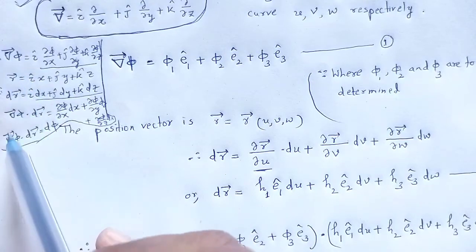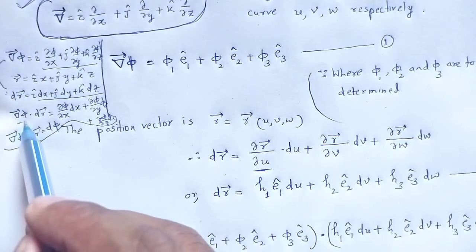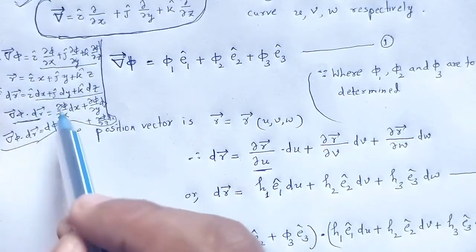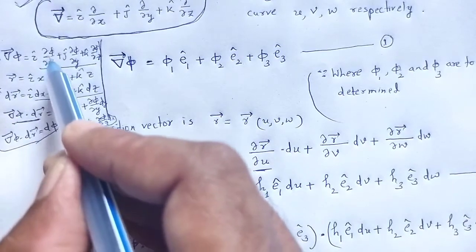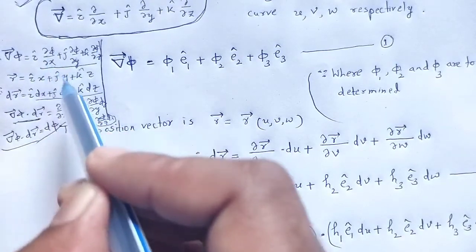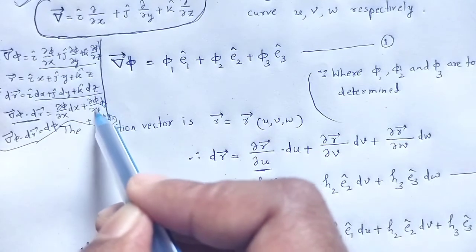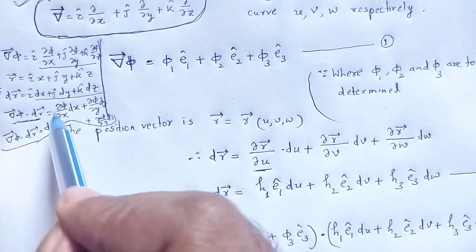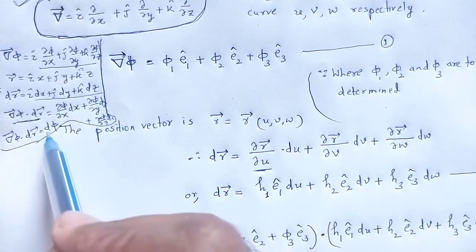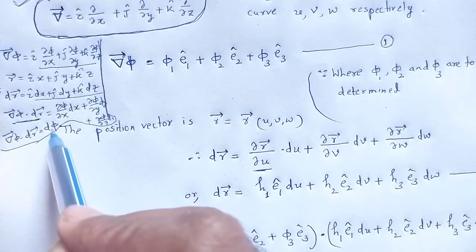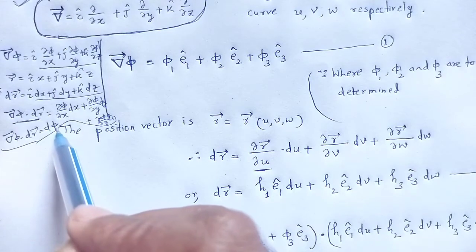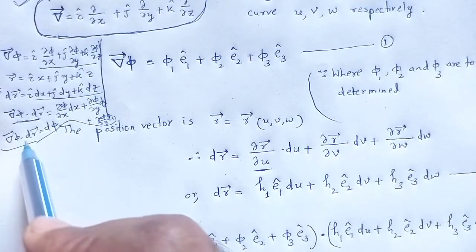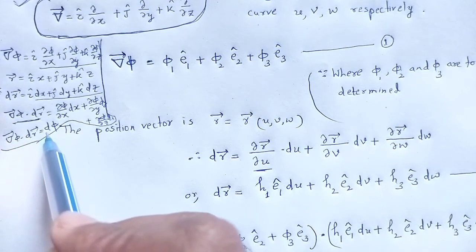Now we have to find the dot product of grad phi dot dr, which is del phi by del x into dx plus del phi by del y into dy plus del phi by del z into dz. This is nothing but the total exact derivative d phi. That means grad phi dot dr is equal to d phi.